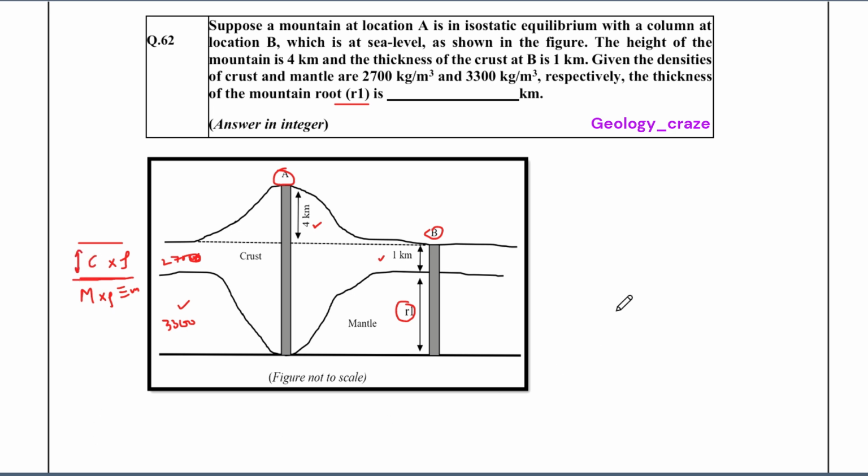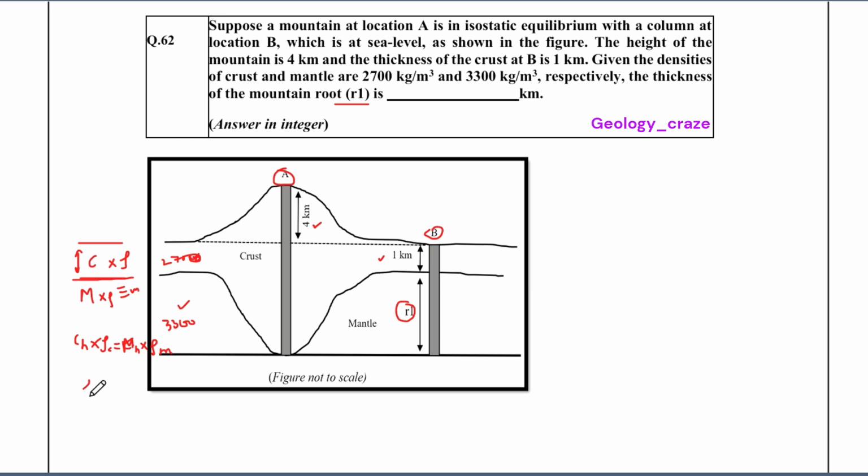So our formula will become: height of the crust into density of the crust is equal to root height in mantle into density of mantle. Okay, here suppose this thickness is our 1 km.